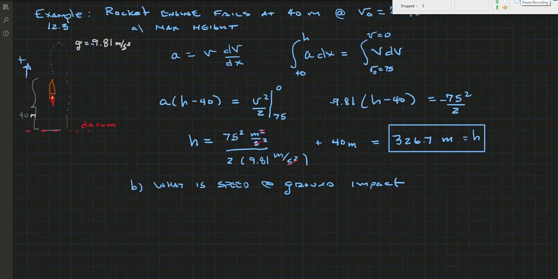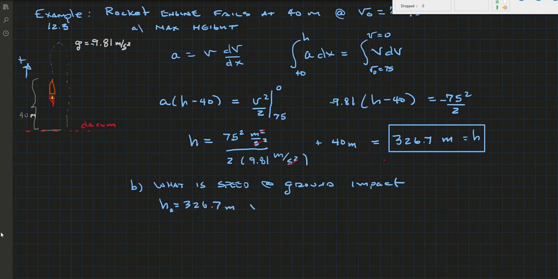So we can solve this in a couple ways. One way to do this is to think of this as at the top, using the red line as datum, where h naught that we're starting at equals 326.7 meters.